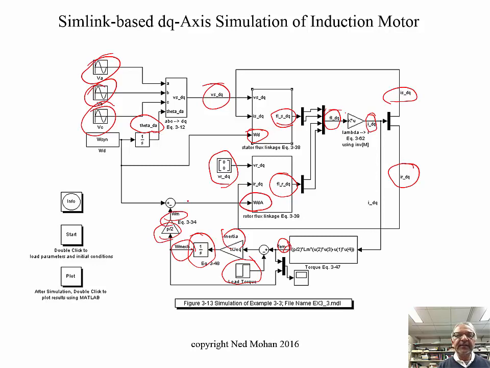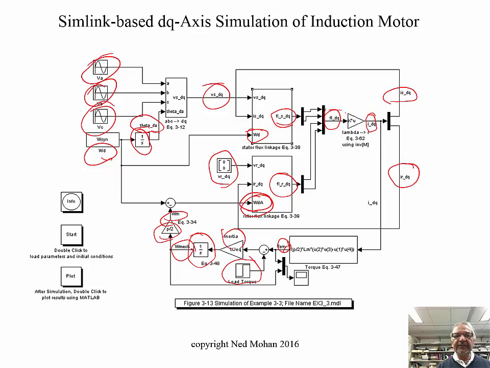And you can see that subtracted from omega d here gives us omega dA, right? And then this omega d, when you integrate it, gives us theta dA. So everything that we need to close the loop is available in the simulation.